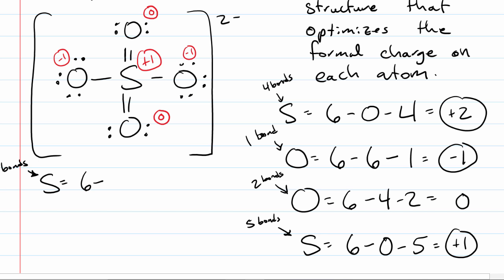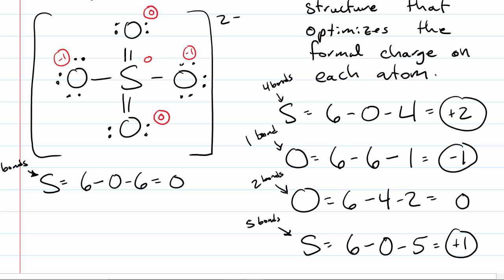We subtract from it the number of lone pairs, which is 0. And how many bonding pair electrons does this sulfur now have? 12. 1/2 of 12 is 6. 6 minus 0 minus 6 gives us 0. And we then get rid of this here.